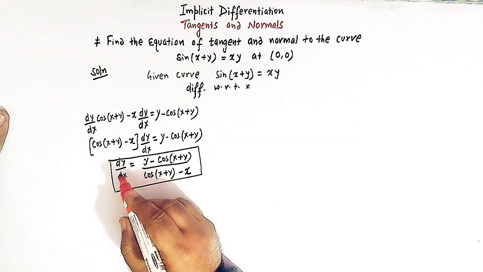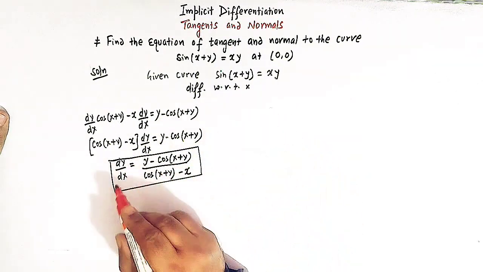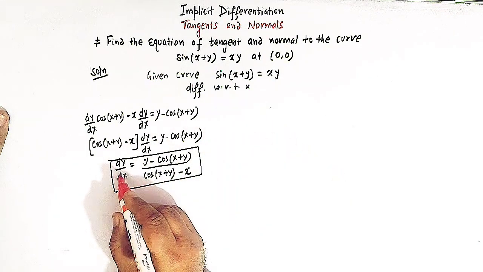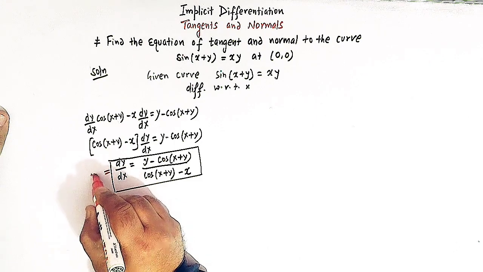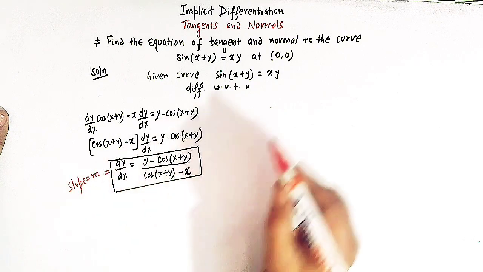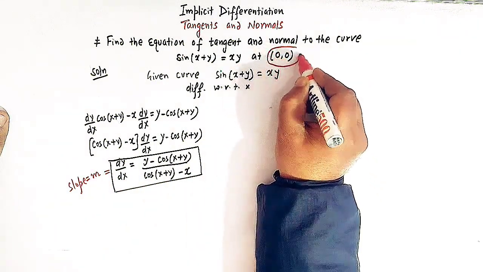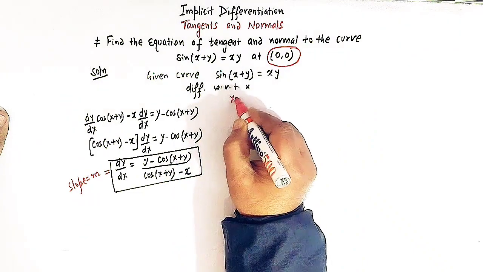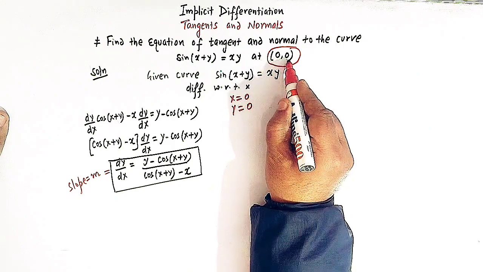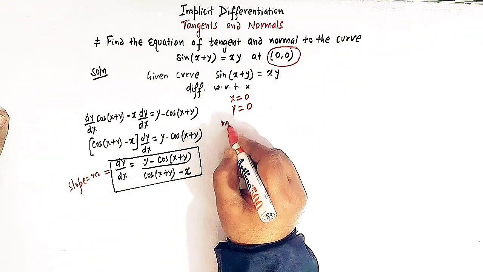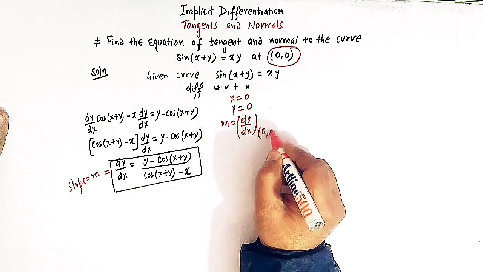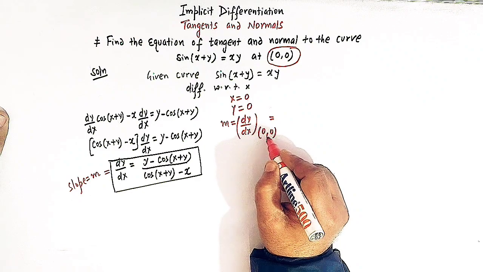So now we know that the derivative implies the slope of the tangent to the curve at the given point. So dy over dx may be taken as the slope, that is m, right? Okay, now see, here we are given the point (0, 0). So we can find the slope at this point, which is our origin.